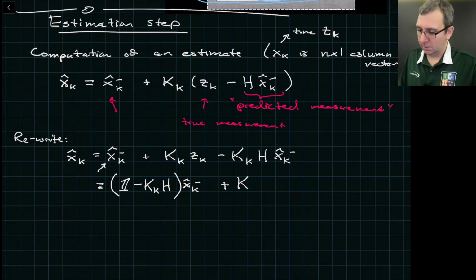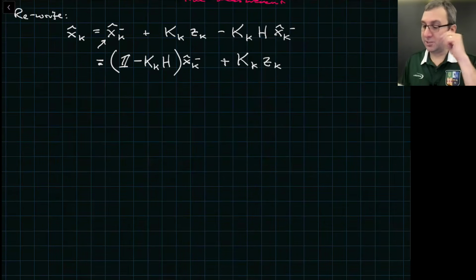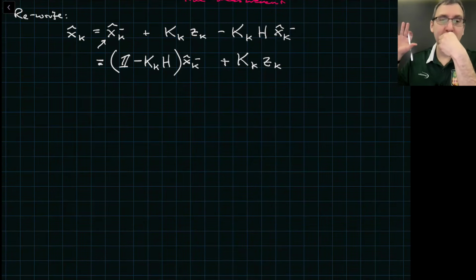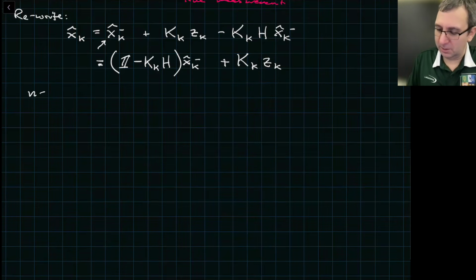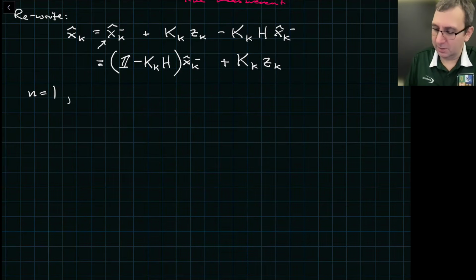And then there's this other part. Now, in reality, h is related to how the measurement and the state are related. But for now, just to make life easier, we're going to assume that we don't have a matrix. We just have n equals 1. And h is just 1.